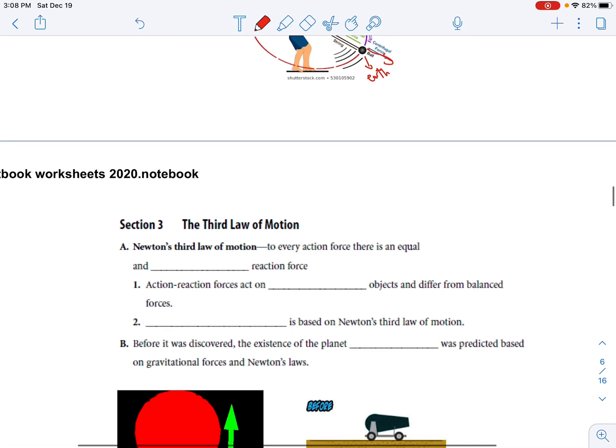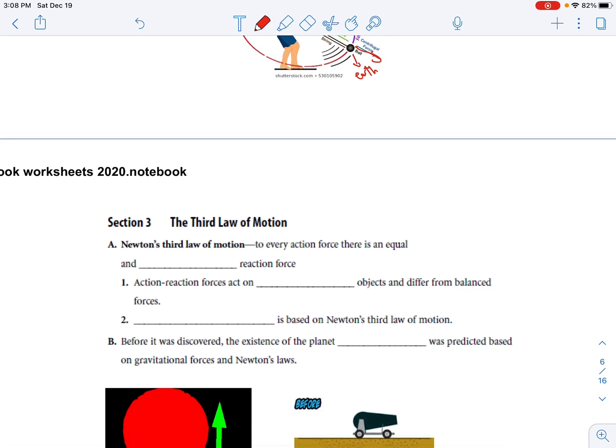All right, we just have a little bit left here, guys. Newton's third law of motion real quick. Newton's third law says for every action, we have an equal and opposite reaction.